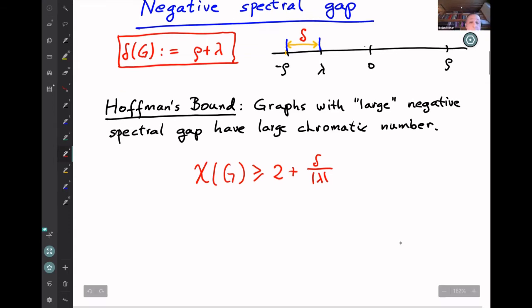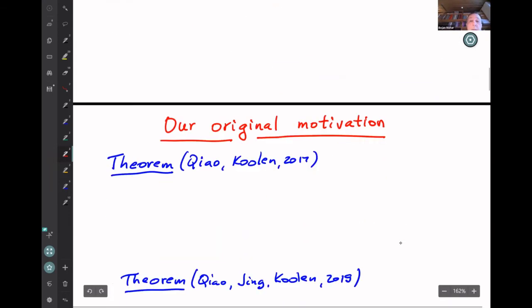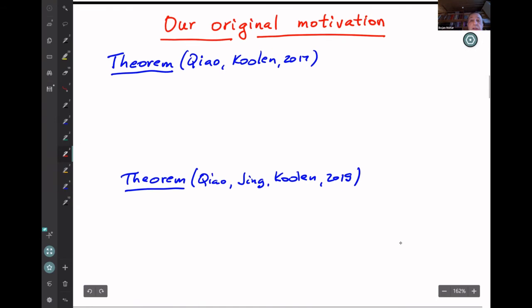Now, I should mention the original motivation, how I came to this setup. A few years ago there was a paper by Jack Koolen and Qiao, and they proved the following result.